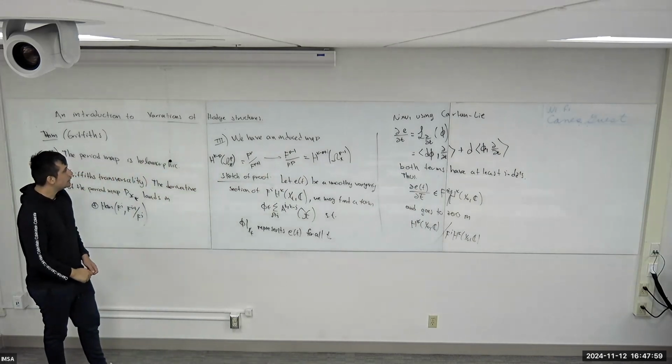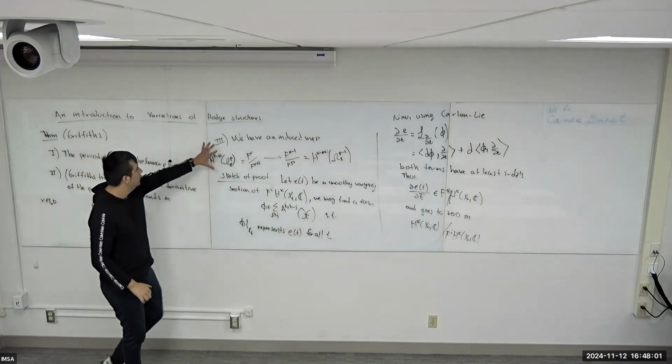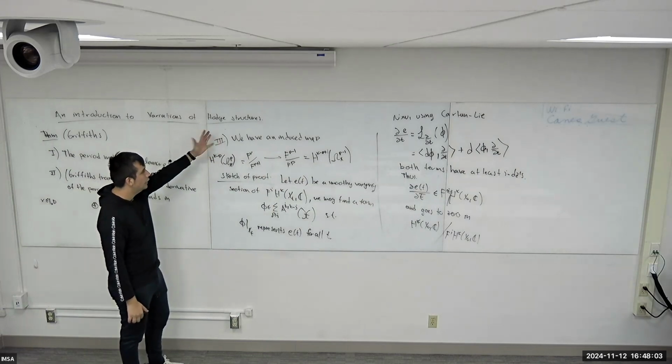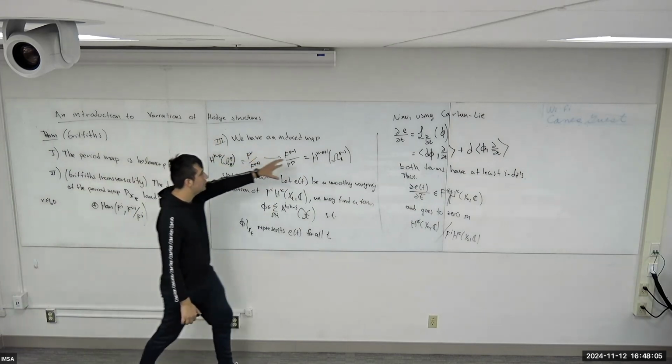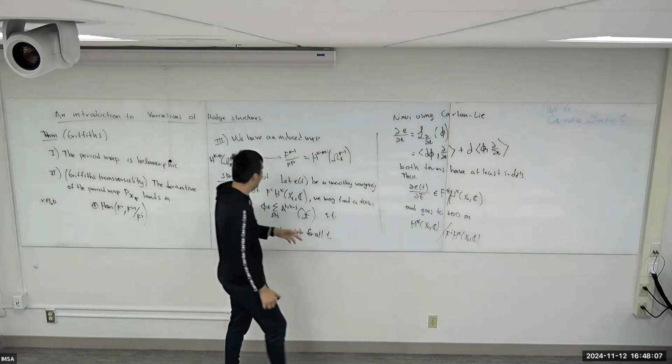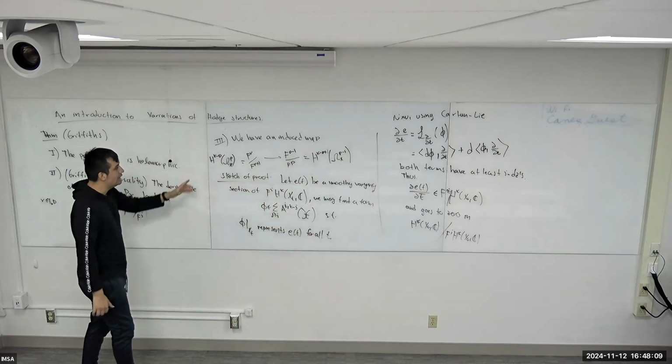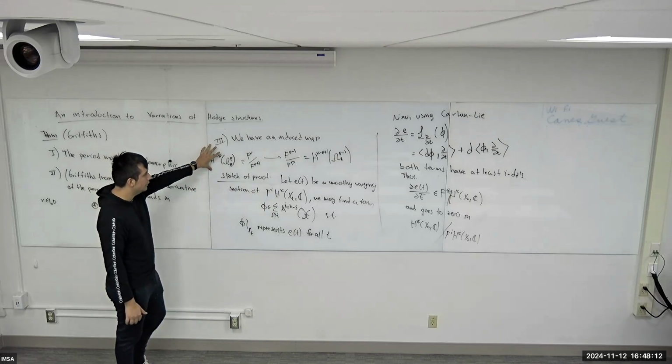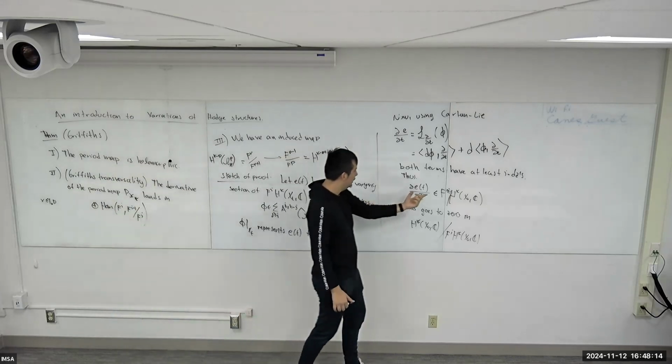And now for the third part, there is also a similar argument. You will have to compute some Lie derivative, and you will have to make explicit the Kodaira-Spencer class that I told you.